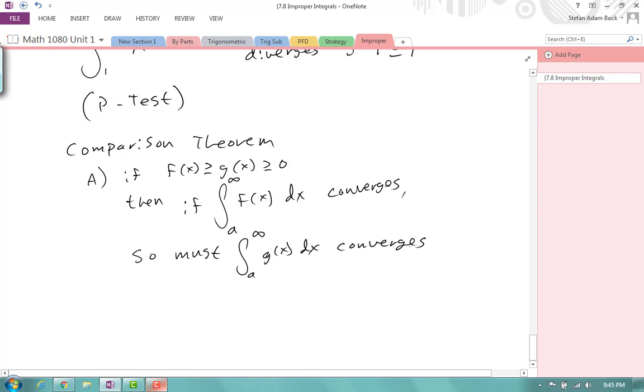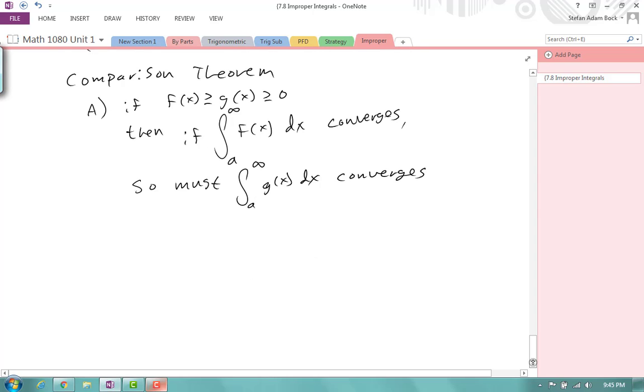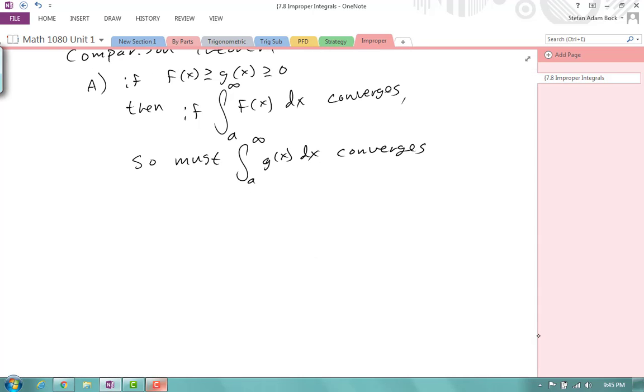This is kind of like a squeeze theorem for infinite integrals. F of x is a function which is bigger than g, and it's positive, but the integral from a to infinity converges. I do this limit stuff and I get a number, but g is a smaller function, so when I find out whatever this number is, it must be a smaller number, or possibly the same number. The point is it'll be finite.